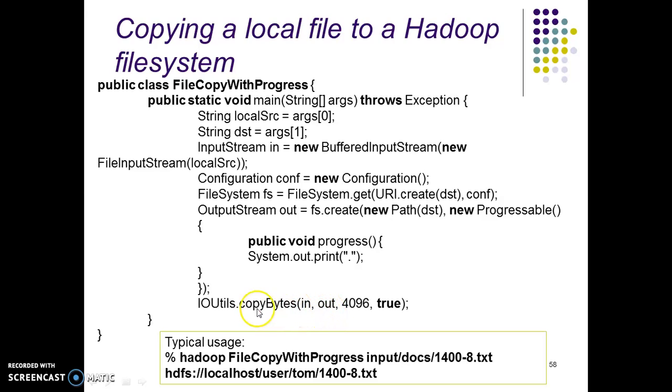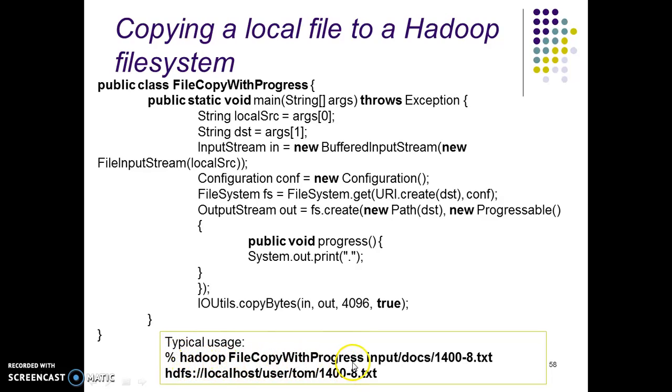In the previous situation we saw IOUtils used along with copyBytes in, and there we used System.out, which was giving the output to the screen, but in this case we are using out, which is nothing but the output stream object, and that output stream object is given to the destination path.